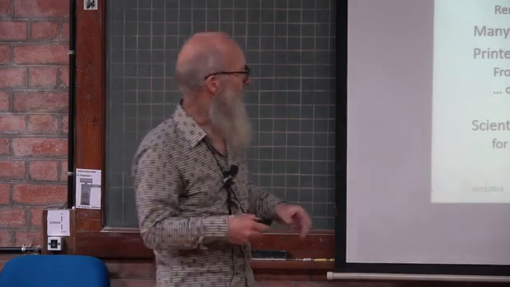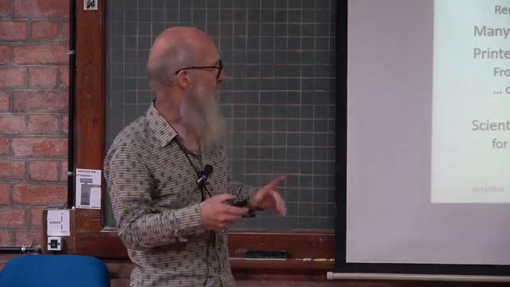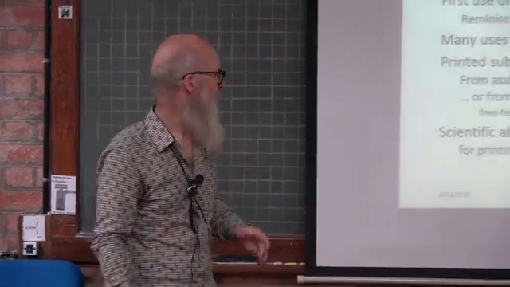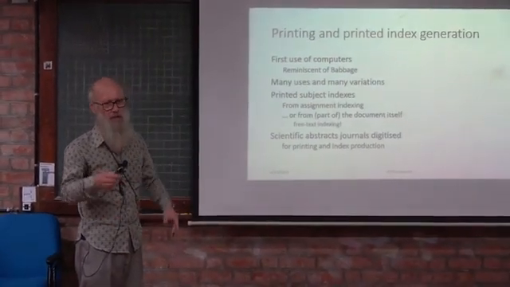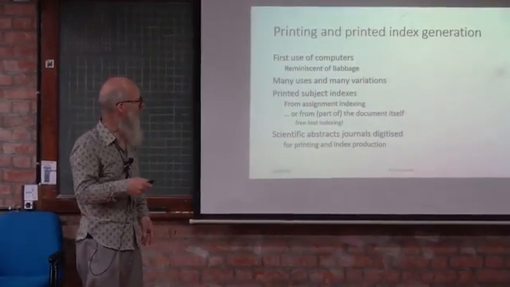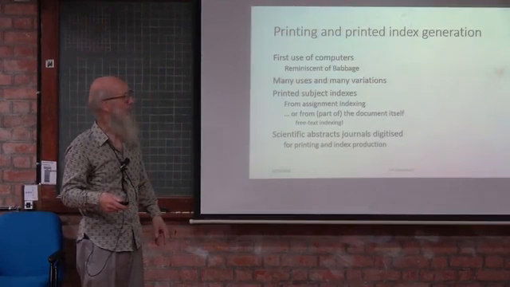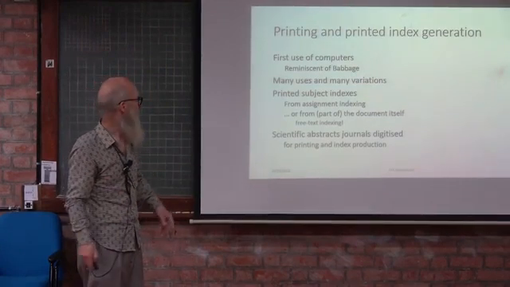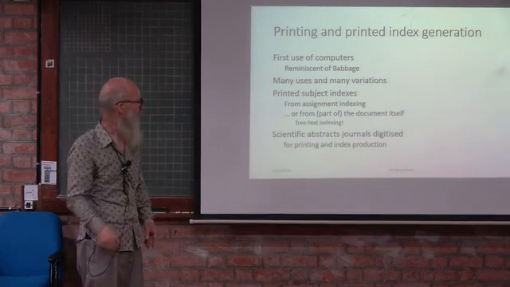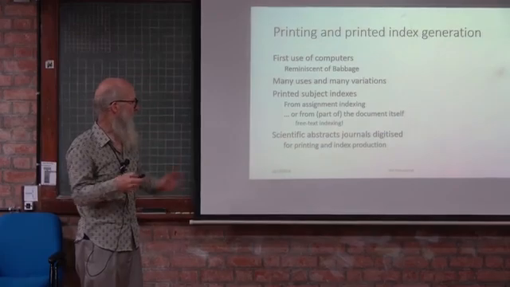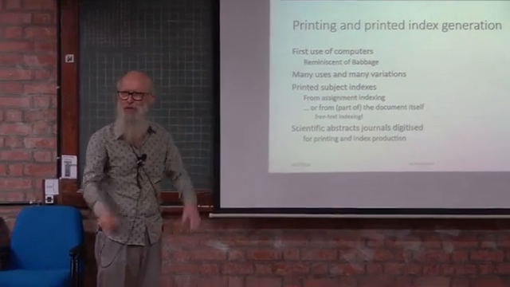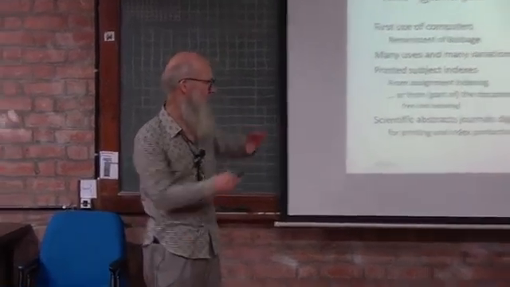However, the scientific abstracts journals started going seriously into using computers for the printing process and for index production. So that was, on the whole, from librarian-assigned indexing journals, as I discussed. So as far as computers were concerned, that was the way to use computers in information retrieval, was to generate printed indexes.